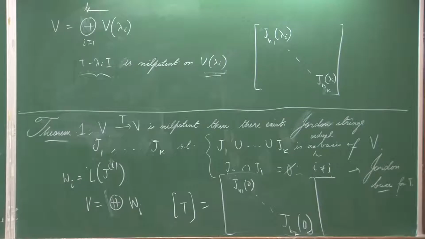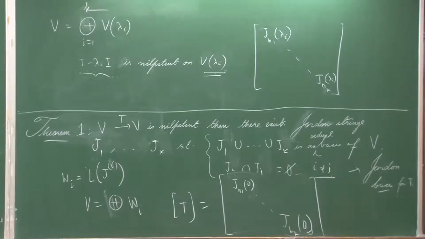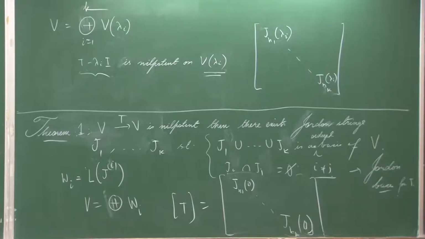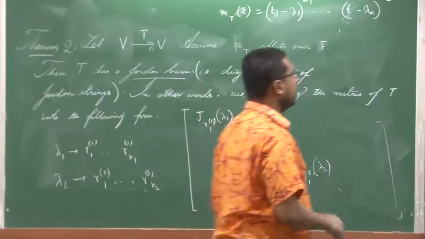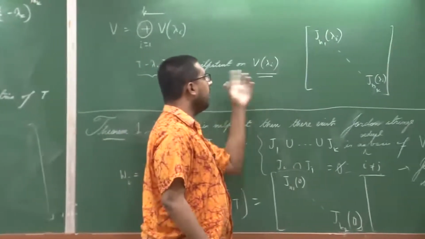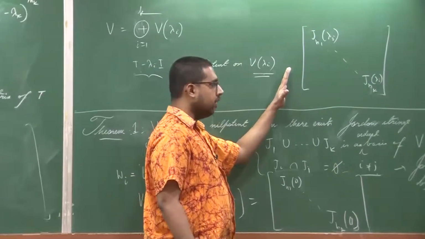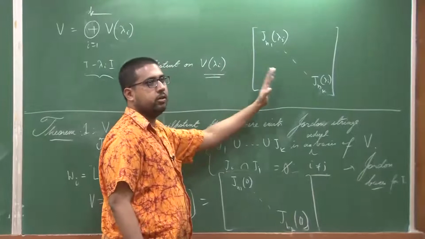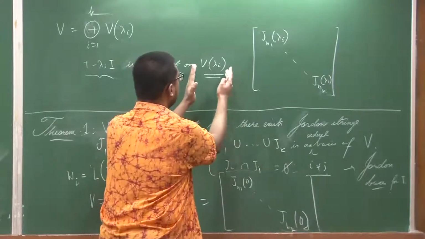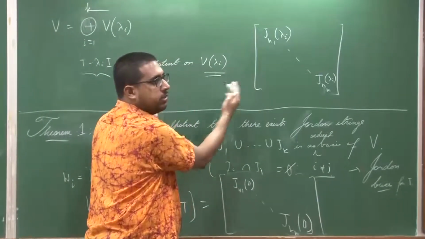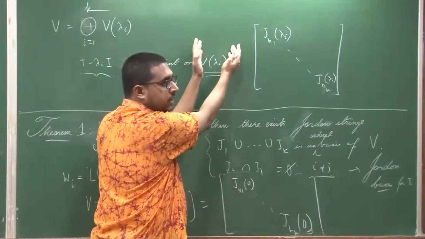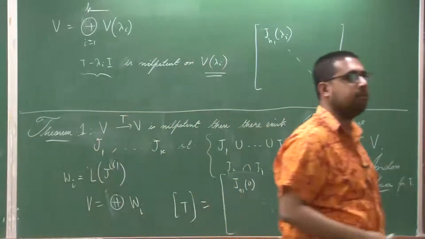Therefore, given a linear operator, this part is also clear, why you have a Jordan basis: on each V lambda i you have a disjoint union of Jordan strings which constitutes a basis of V lambda i, and then for each lambda i you will have such things.